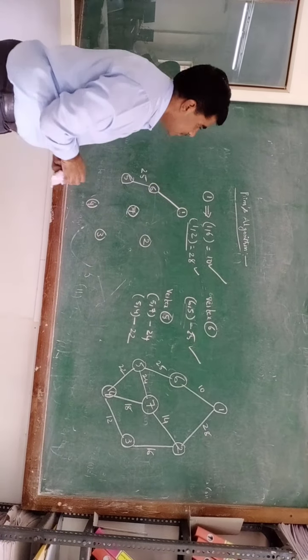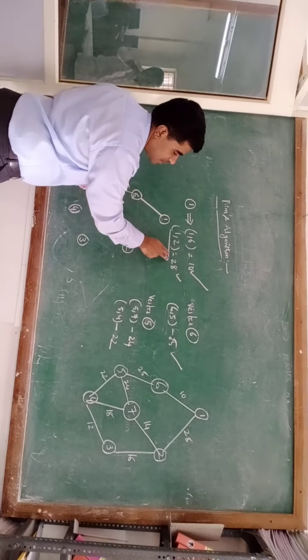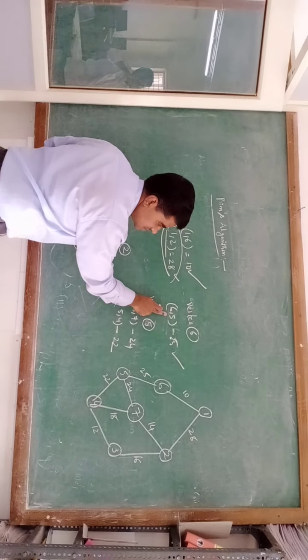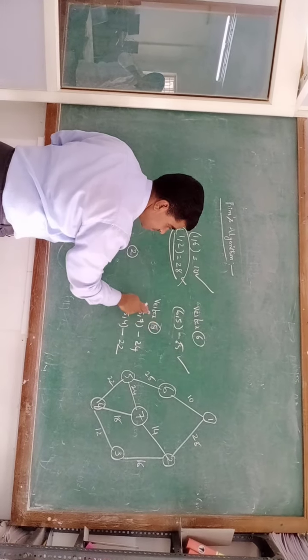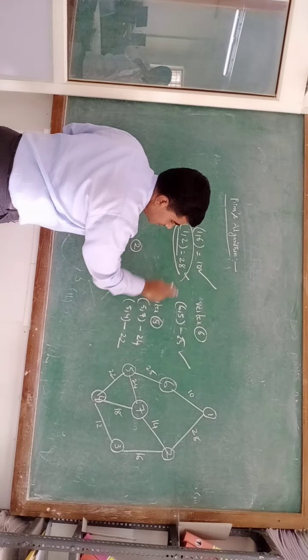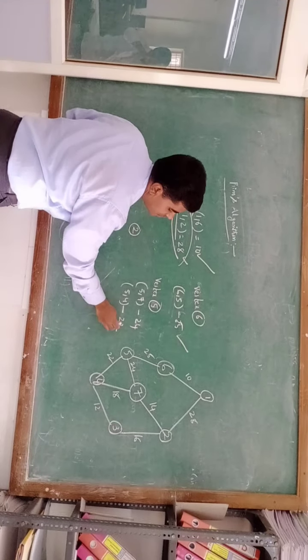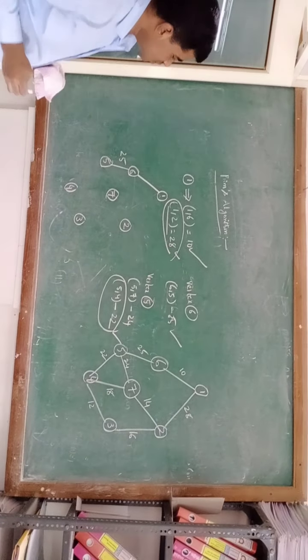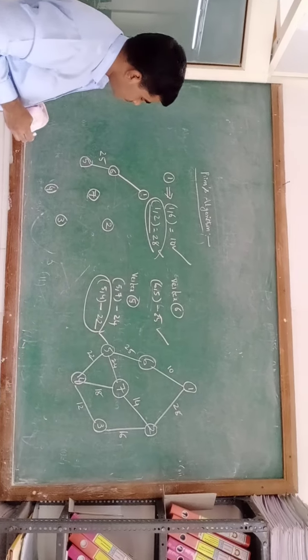Now we have to compare. For vertex 1, 1 to 2 is remaining. For vertex 5, 5 to 7 and 5 to 4 are there. So here 28, 24 and 22. Which one is minimum? 5 to 4 is minimum, 22.